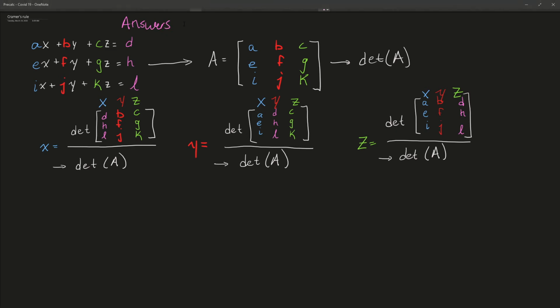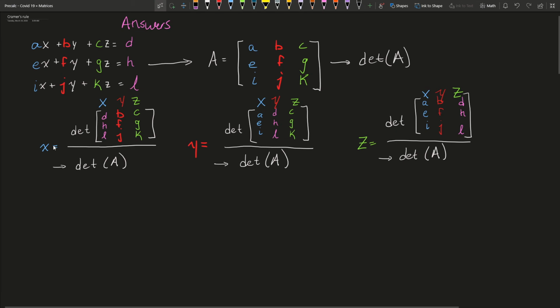So in this x answer, our denominator is the determinant of this coefficient matrix. The numerator is the determinant of the coefficient matrix, but where we would normally have our x column, now we have our answers.